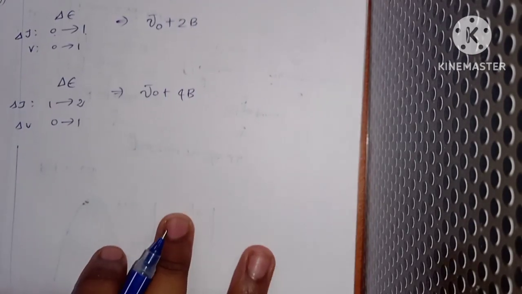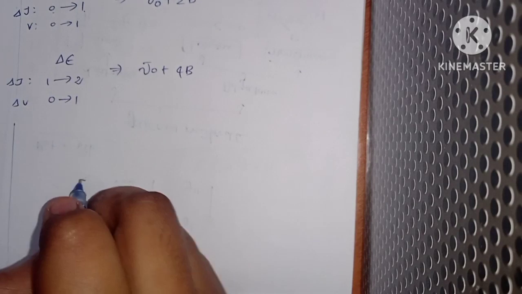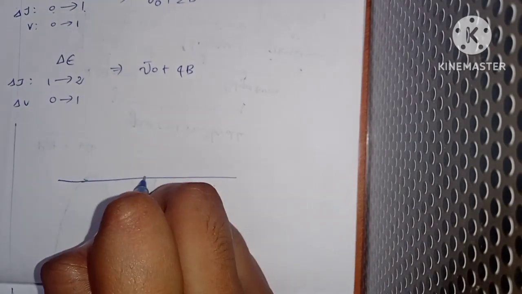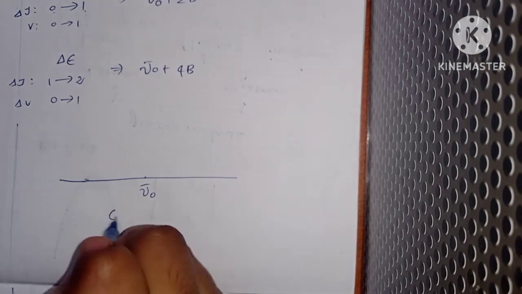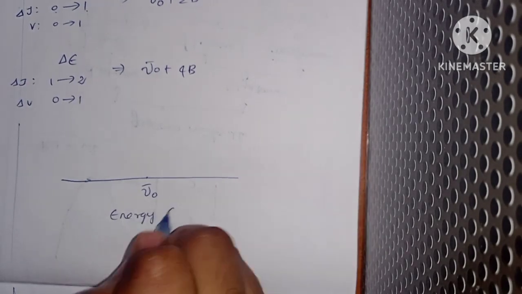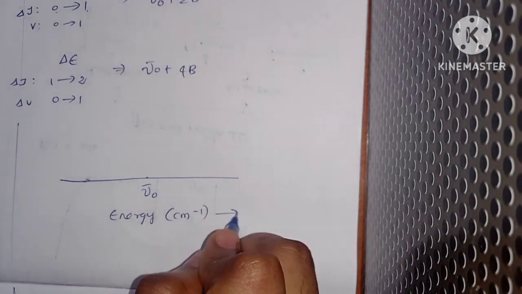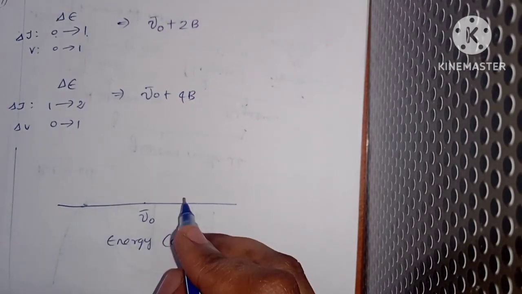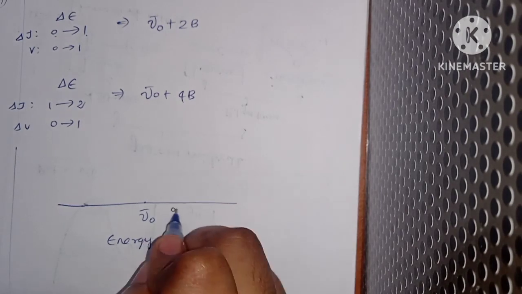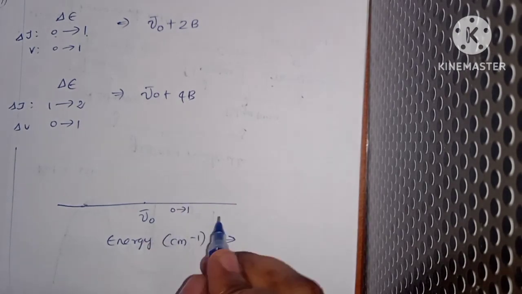So if we are producing the spectrum, mu bar 0 energy is taken at this point, and the x-axis will show energy in some centimeter inverse. So mu bar 0 is the point for the first transition, that is from 0 to 1, vibration also occurring there.